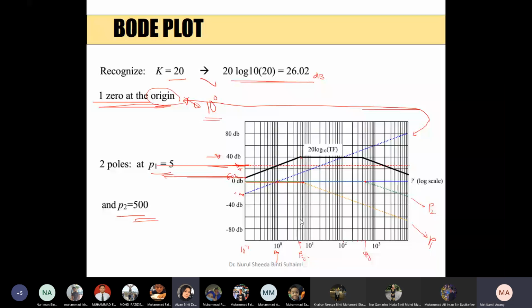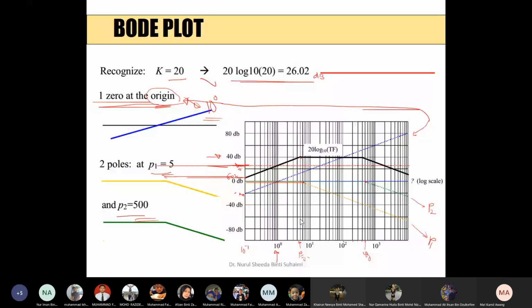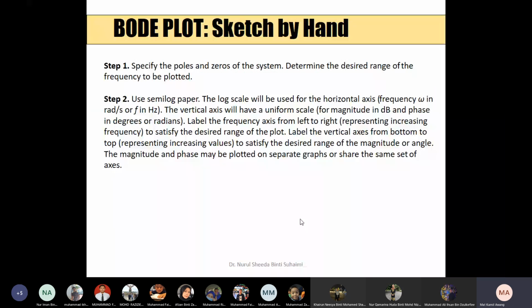So this is the steps. Actually, if you sketch by hand, we go through these steps. First, you identify the poles and zeros of the system. That's what we did. From the equation, we try to put it into a form where we recognize the poles and zeros.